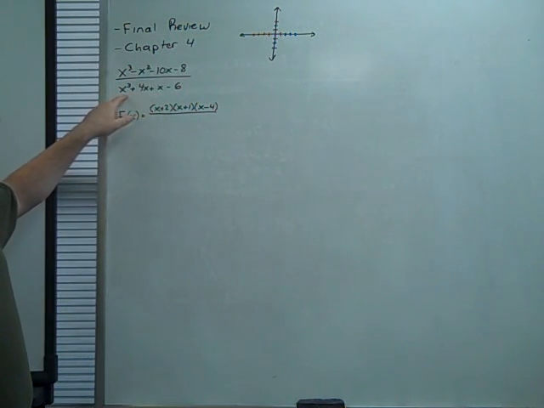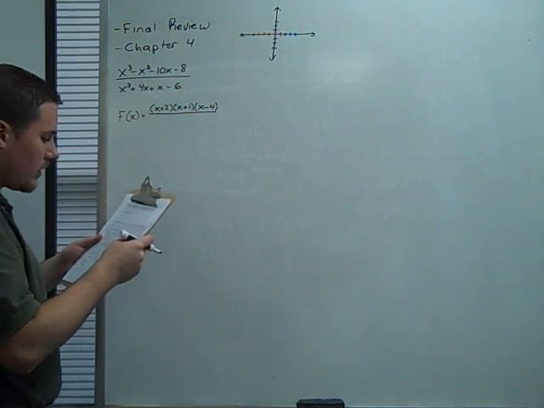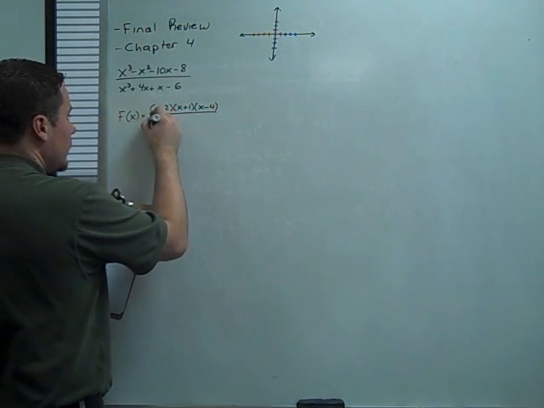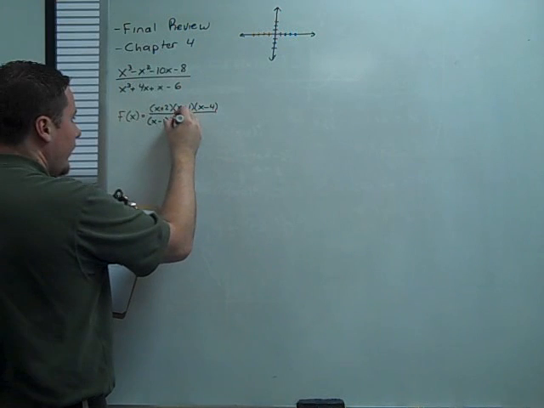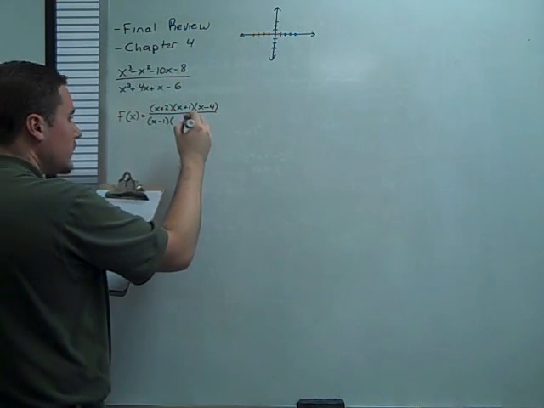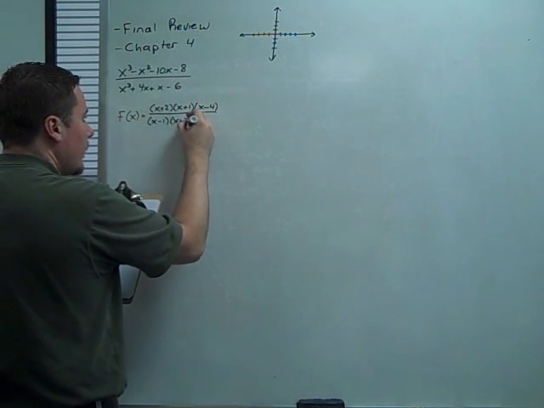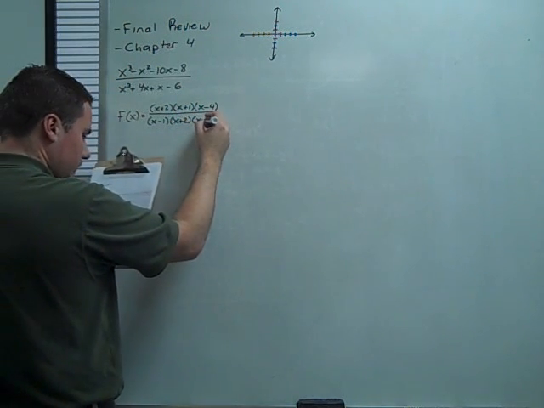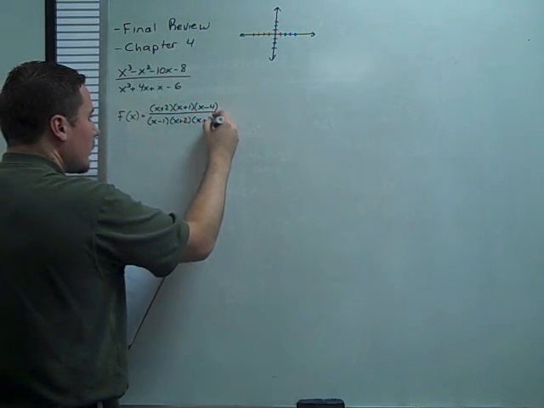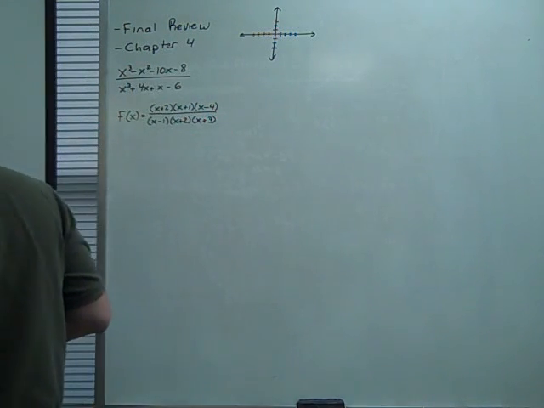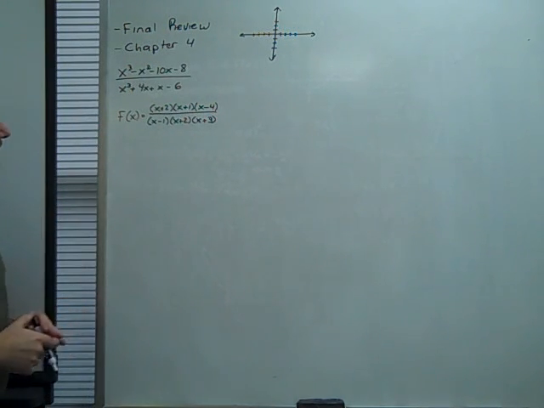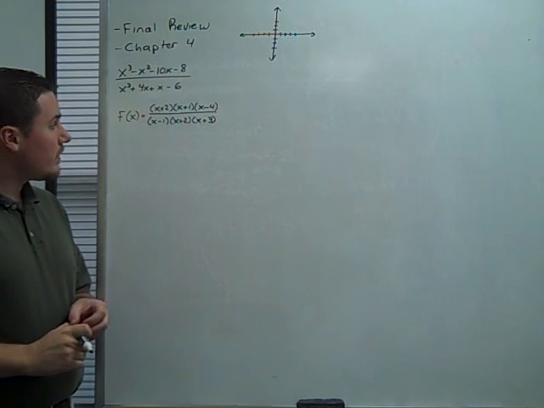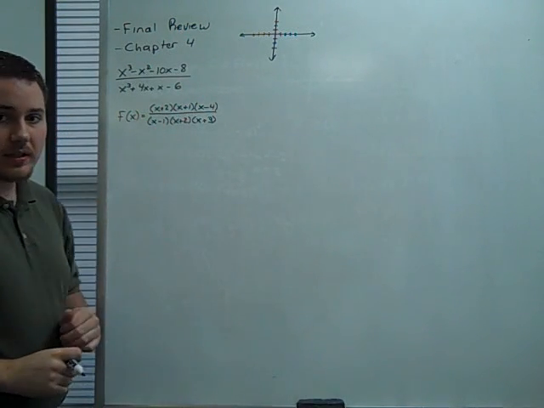So when we factor this one, we're going to get x minus 1, x plus 2, and x plus 3. Alright. Now, with that done, we can observe that there's some cancellation that happens.